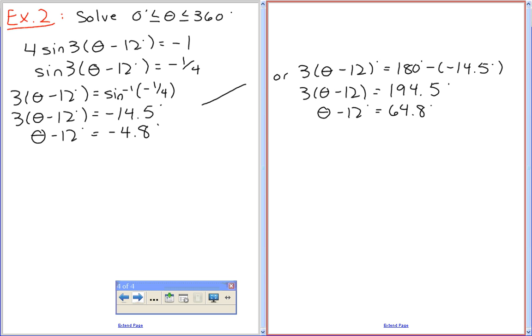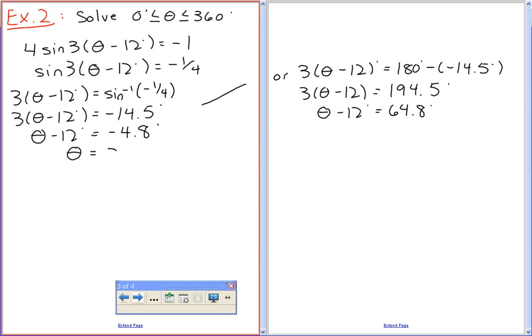Who are we up to? Jenna, can you solve for theta on the left and theta on the right, please? I'm at 7.2.